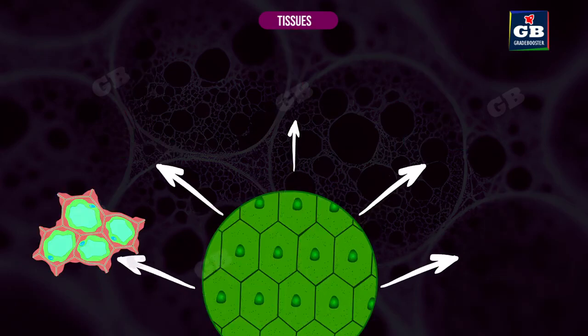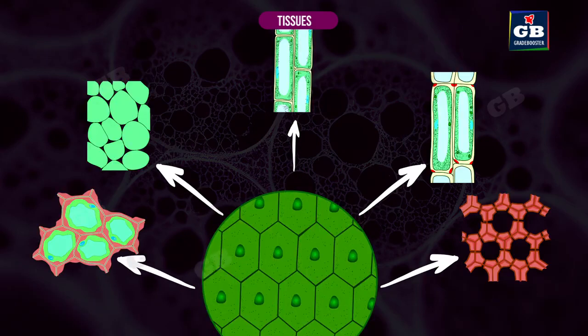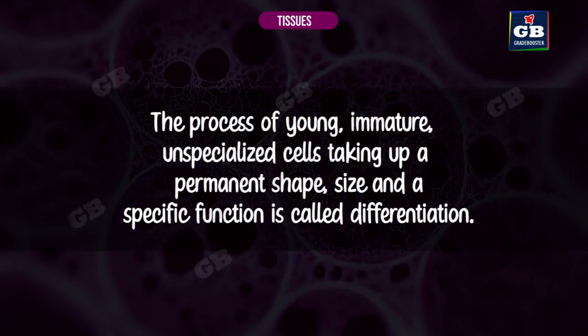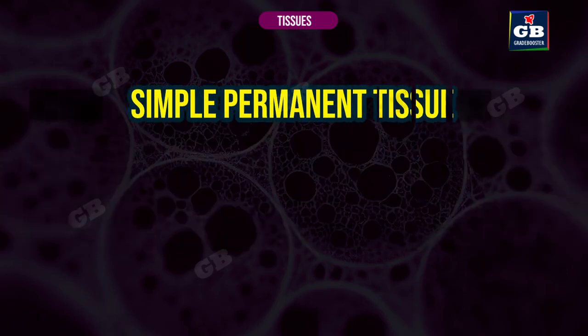In the same way, the young, immature, unspecialized cells like meristematic cells get differentiated into permanent tissue with specific functions. So, the process of young, immature, unspecialized cells taking up a permanent shape, size, and a specific function is called differentiation. Now let's see the simple permanent tissue.